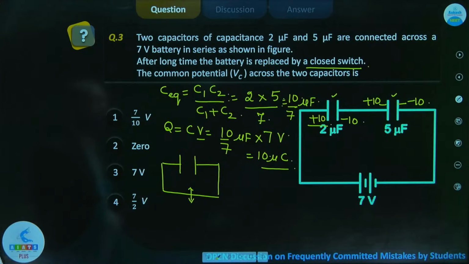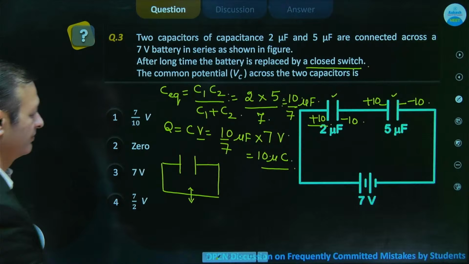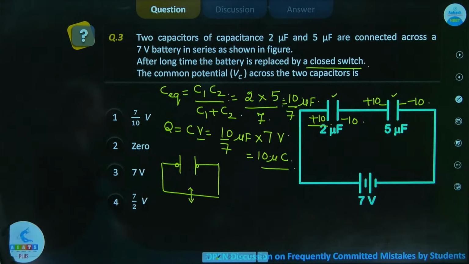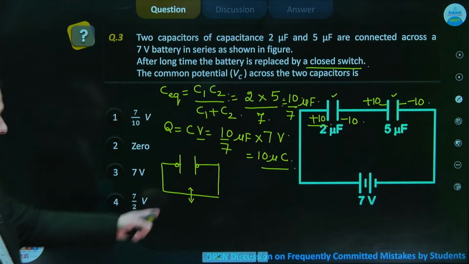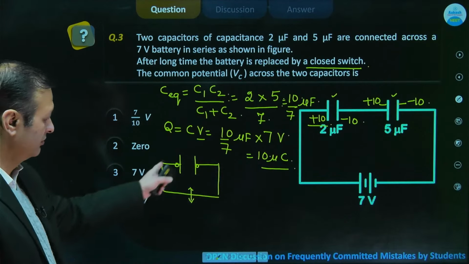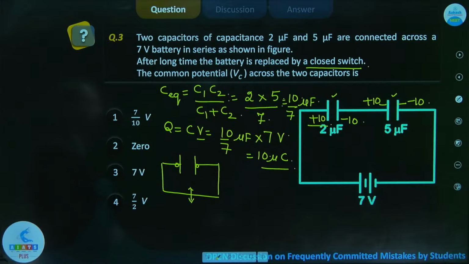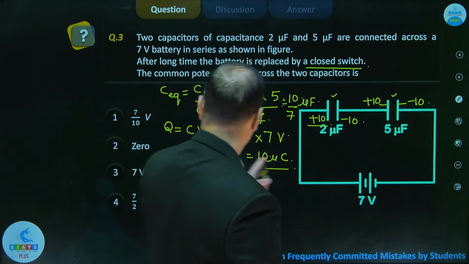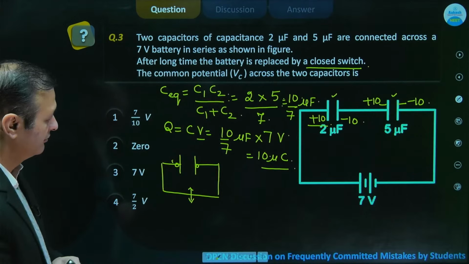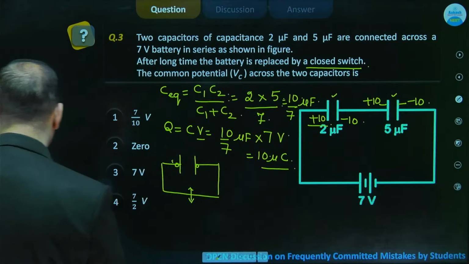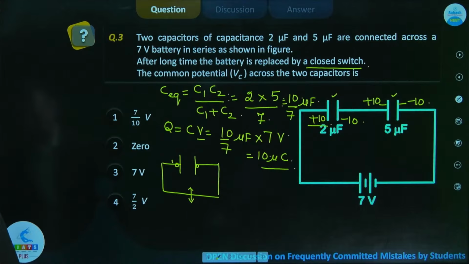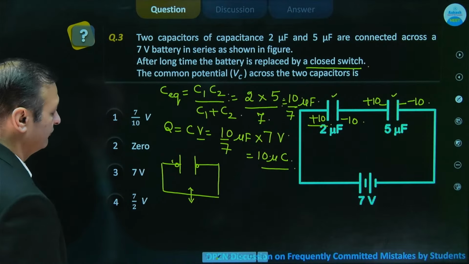The common potential across the two capacitors is. Can you see? This is like something called short circuiting. Got it or not? What is the final charge? Minus on this side, plus 10 on this side. So when you are doing it as a short circuit, what is the final potential or final charge you have?